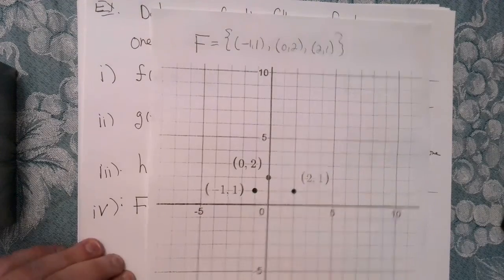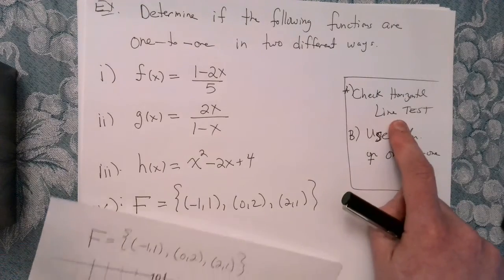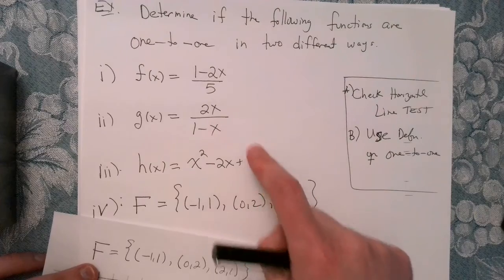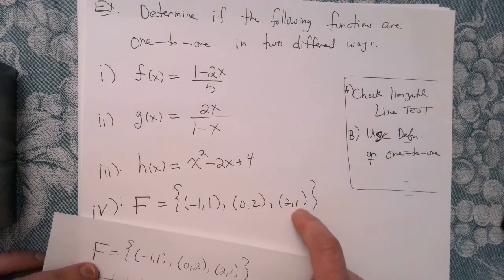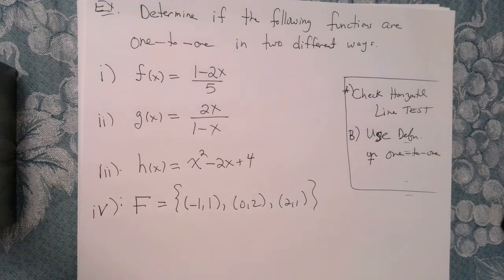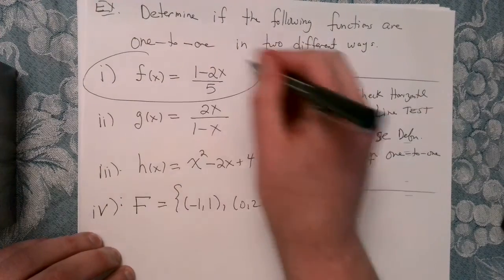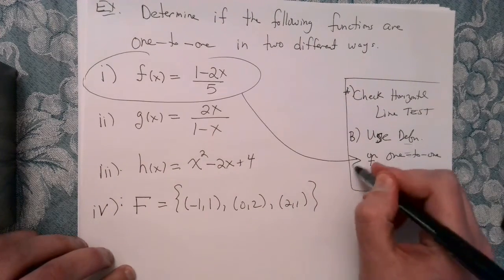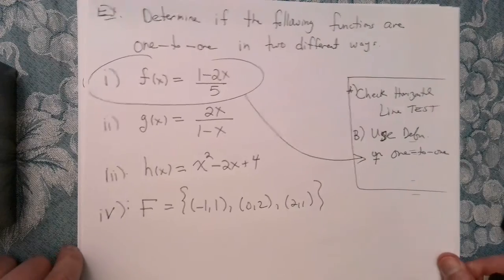Okay, so we looked at this under the lens of the horizontal line test, but what about using the definition of one-to-one to determine invertibility? I actually think that's much stronger than the horizontal line test. Okay, so let's look at this using the definition of one-to-one.